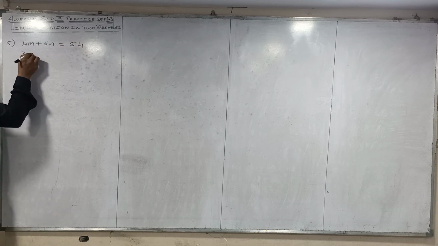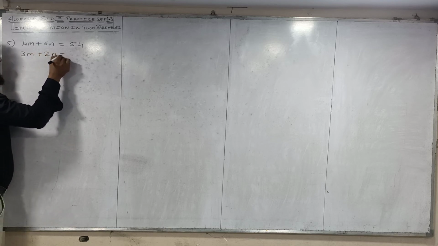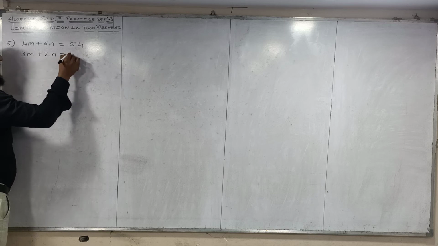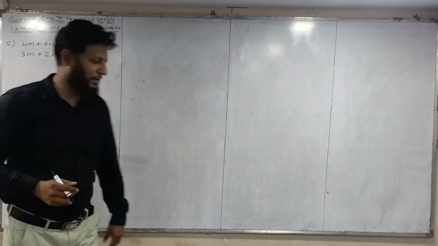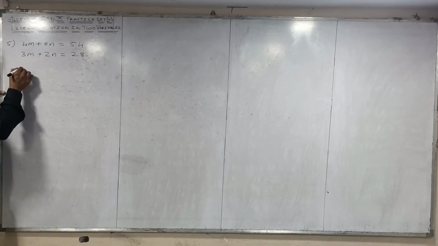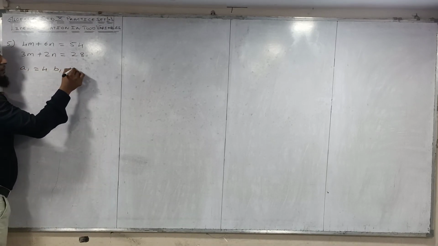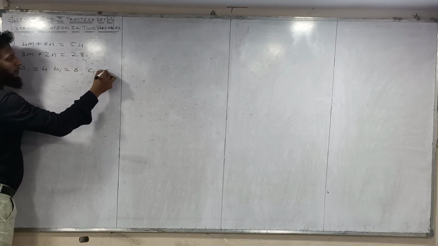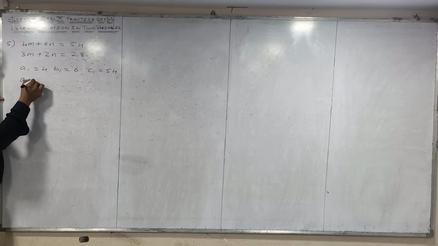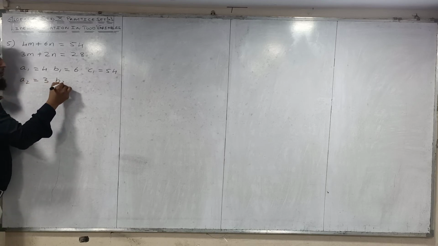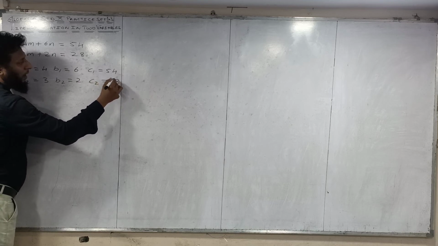Second equation: 3m plus 2n is equal to 28. Okay, so for these two equations, write the values the way we see. A1 is equal to 4, B1 is equal to 6, C1 is equal to 54. A2 is equal to 3, B2 is equal to 2, C2 is equal to 28.